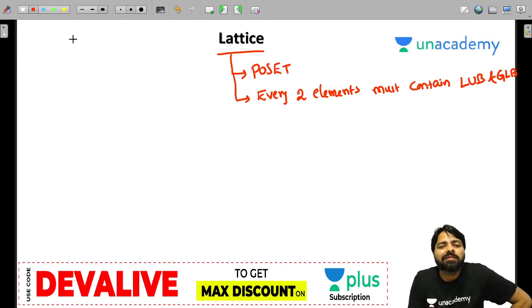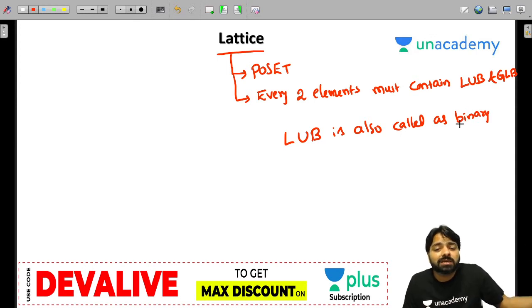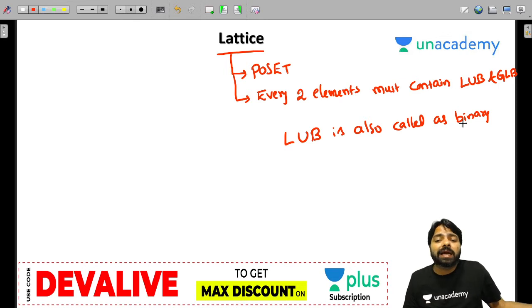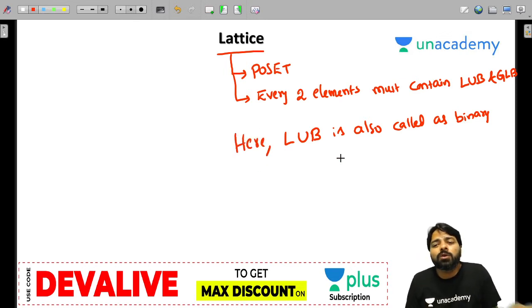It means we have a name here. LUB, least upper bound, is also called a binary operation. Binary operation here, but not in the previous concept, where it was not binary. Here in a lattice, LUB is also called a binary operation.